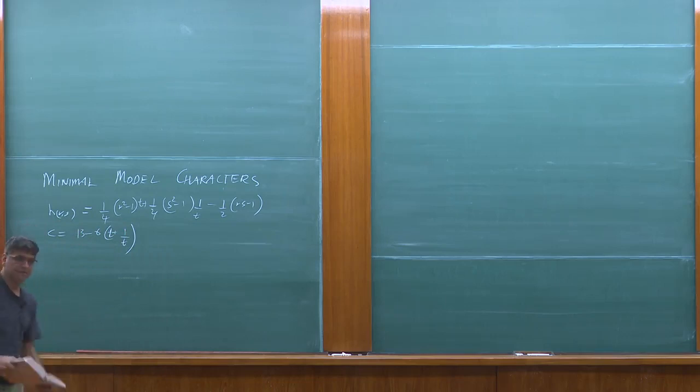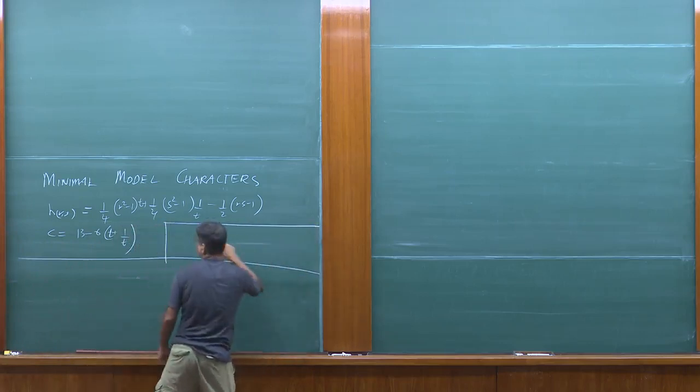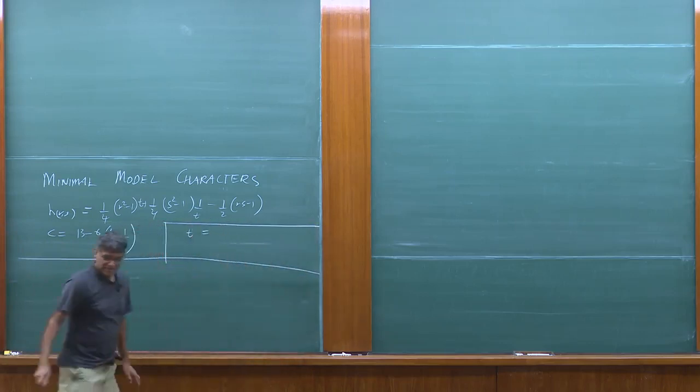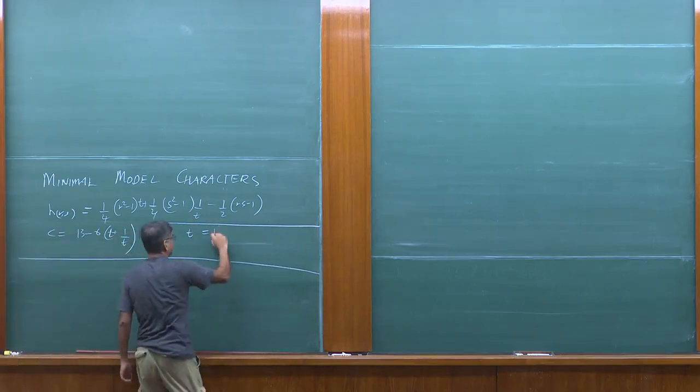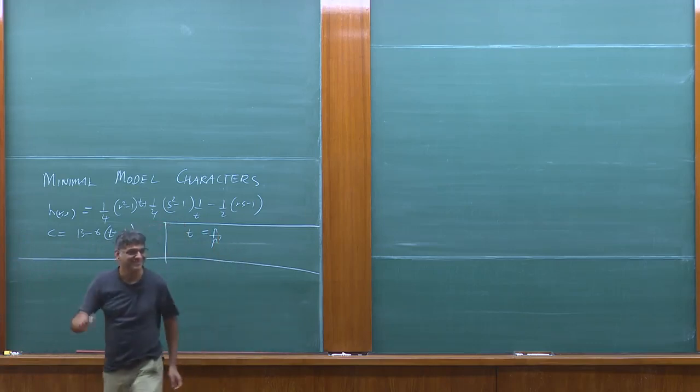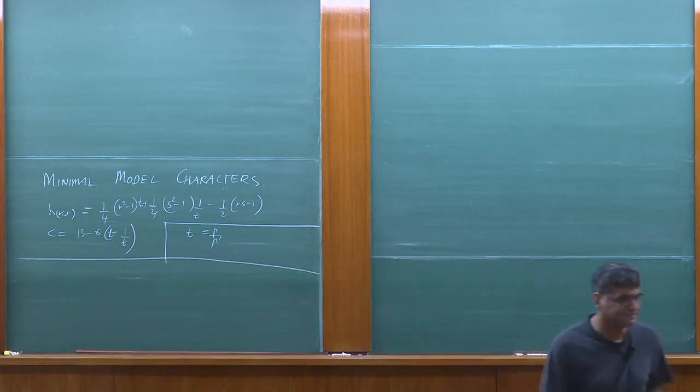You remember that in the case of the minimal models, this T parameter was equal to, which way did it go? P by P prime. Again, we're interested in these special values where T takes the value P by P prime.